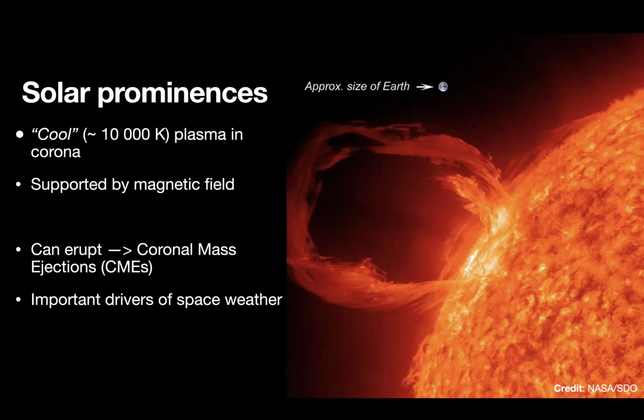And it's supported both against gravity, so from collapsing, and shielded from the surrounding much hotter corona by a complex and twisted magnetic field. You can see one such example of a solar prominence here on the right, where you can see how big these structures can become. This is extended off the solar limb, and the Earth is here shown to approximate scale.